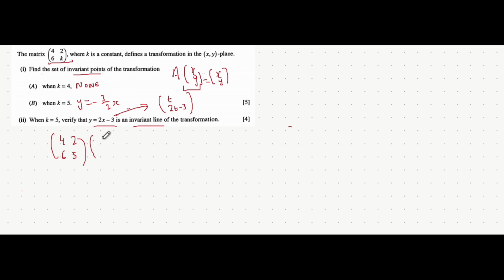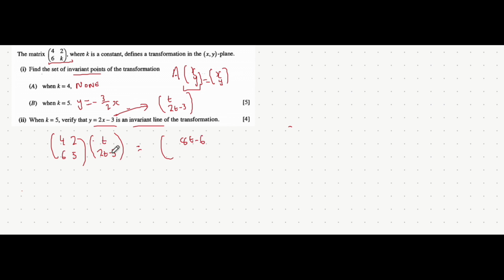To start with, we multiply the transformation matrix by t and 2t minus 3. When we do that, we get 4 times t, and then plus 2 lots of all of this. So 2 times 2t is 4t, and 2 times minus 3 is minus 6. I'm going to simplify this, and we end up at 8t minus 6.